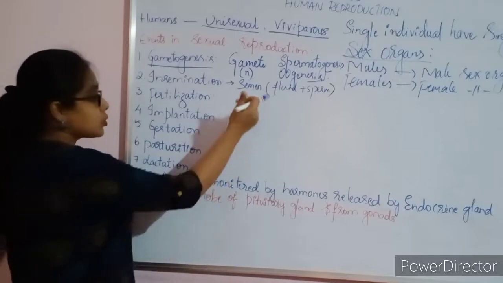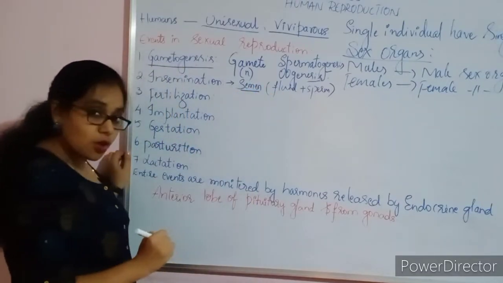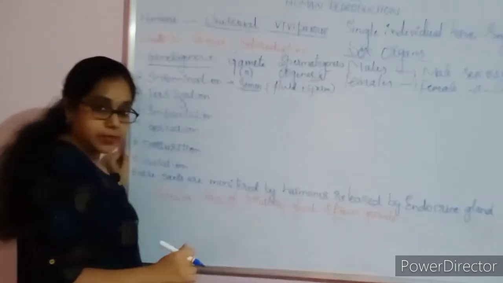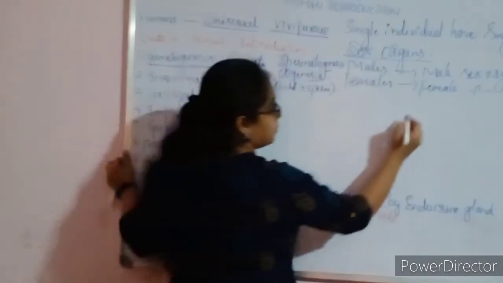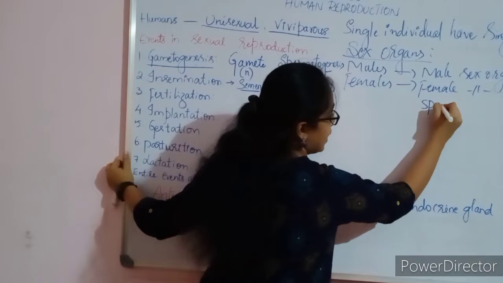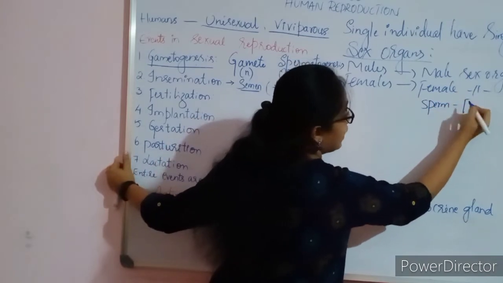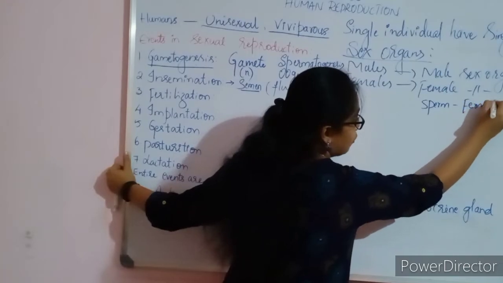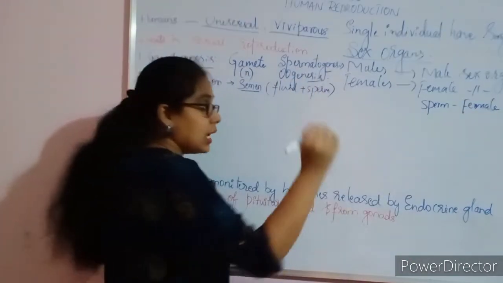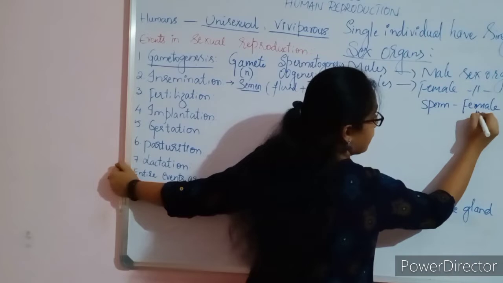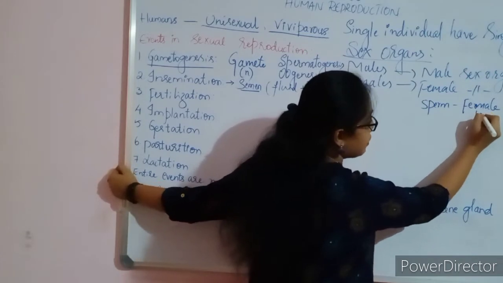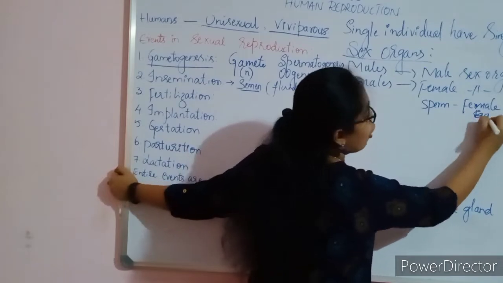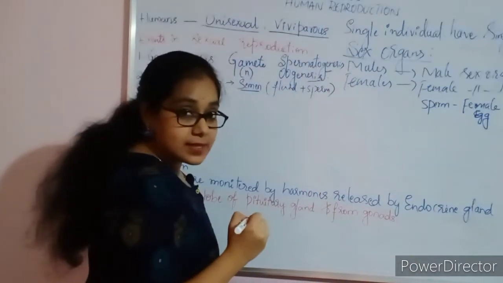Okay. So by the insemination process, sperm has entered into the female reproductive part, right? So once sperm has reached the female reproductive part, we know that a gamete called egg is released.